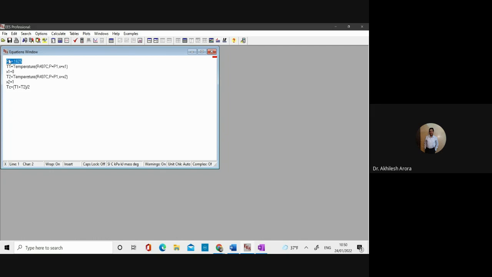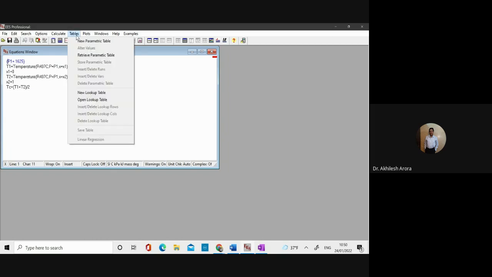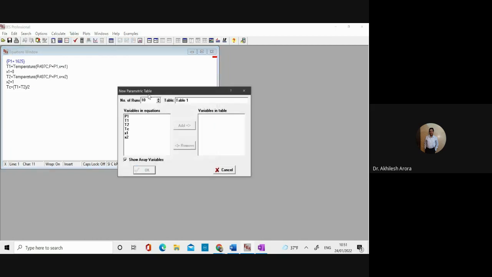What I will do, I will just comment this and then go here in the tables. I will make a new parametric table. I want to calculate the value of P1 corresponding to which the average temperature is 40 degrees Celsius. So I will take TC here. Okay. And I can say I will take 100 values here.